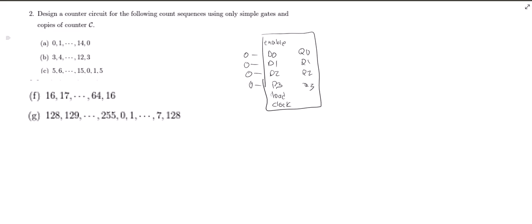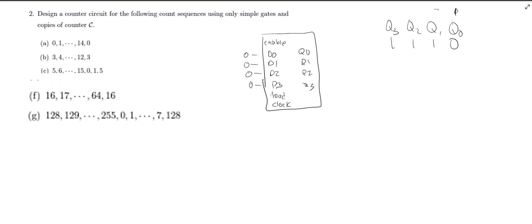And we want it to detect a 14. And when we detect a 14, we want it to go back to 0. So let's look at what 14 looks like. 14 is 8 plus 4 plus 2. This is 0.